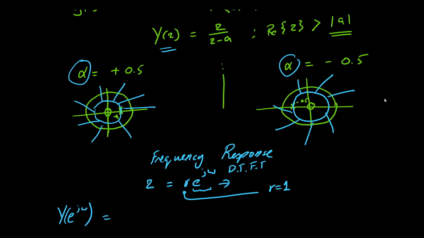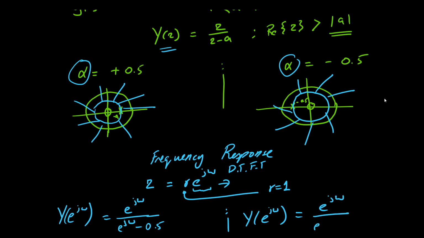So this is simply e^{j omega} over e^{j omega} minus alpha, where alpha is plus 0.5, so now we would have 0.5, and similarly for alpha equal to minus 0.5, the transform is e^{j omega} over e^{j omega} plus 0.5.